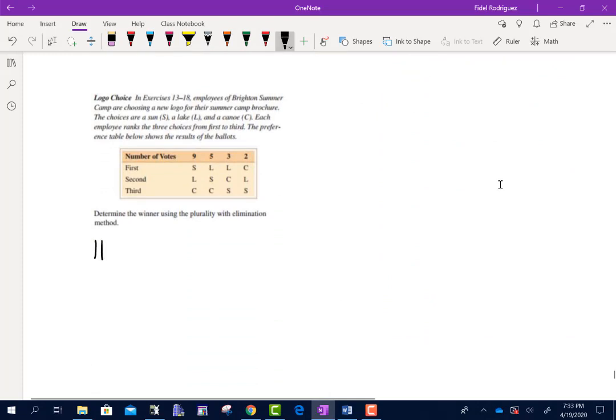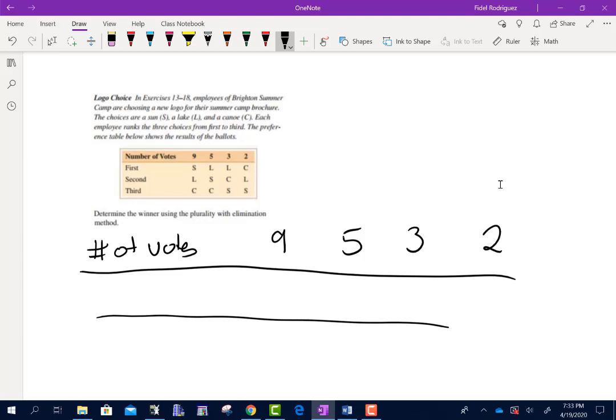Number of votes. I'm still going to have 9, 5, 3, and 2. The nice thing about this problem, guys, is that since there were only 3, once we get rid of 1, we should be good. So remember, we're getting rid of everything that has a canoe.